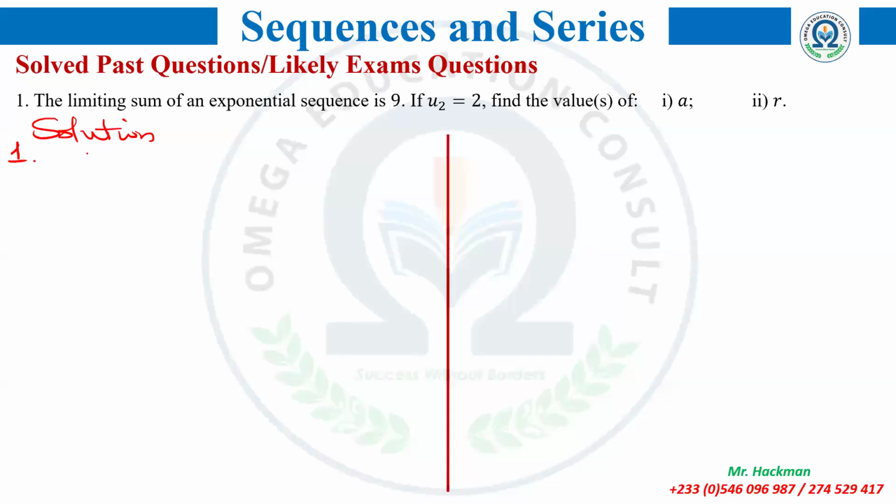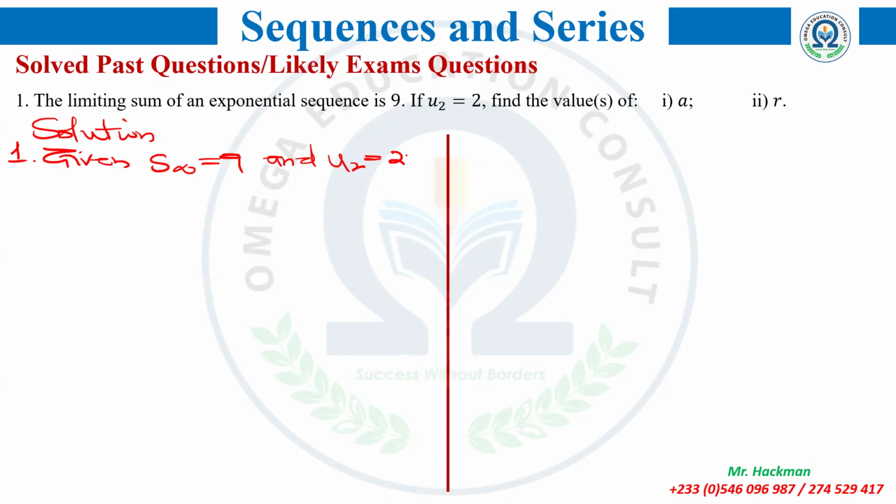Now, given, we are going to extract what we've been provided with. Given the limiting sum of an exponential sequence, it means sum to infinity is equal to 9. Do you agree? And u sub 2 is equal to 2.